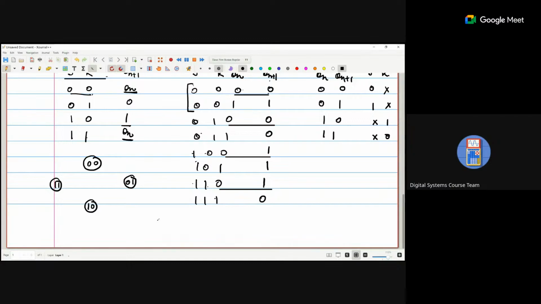Now, with the four states, I just draw it for J. So when the state is 0 0, we move to 0 1. For this one, the input of J is 0.